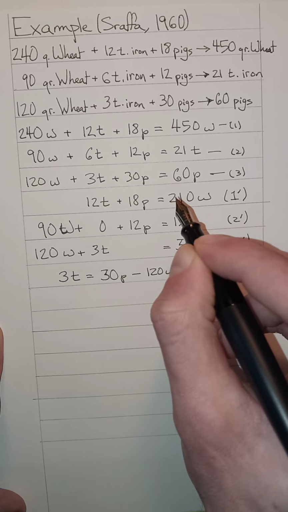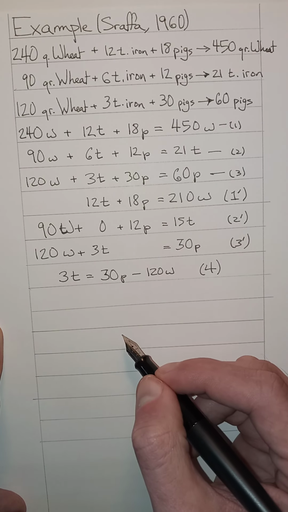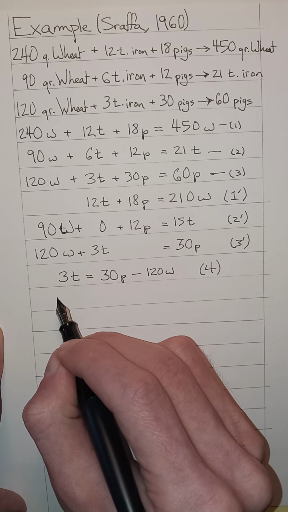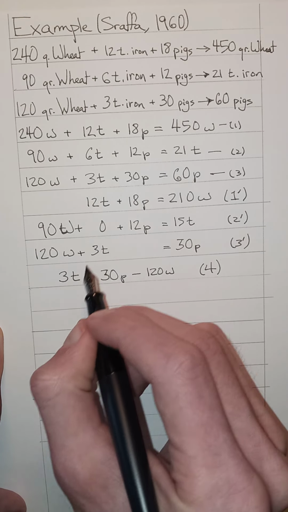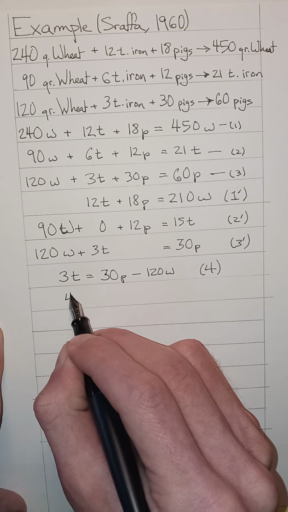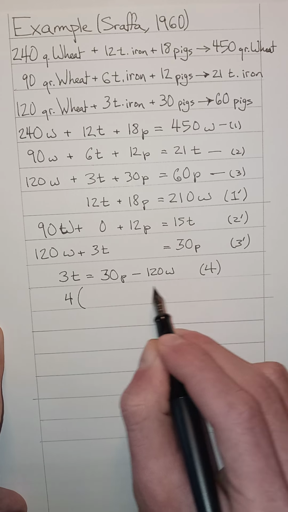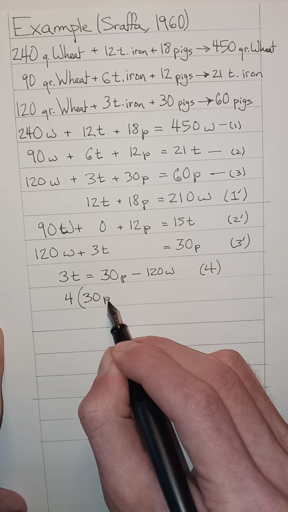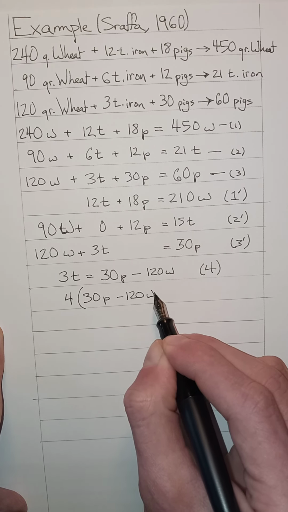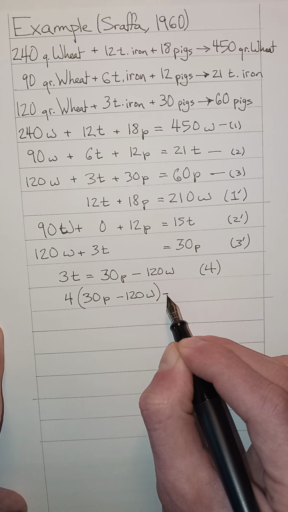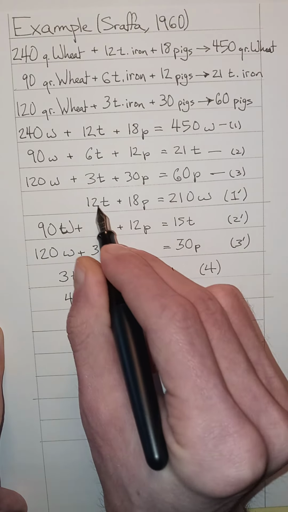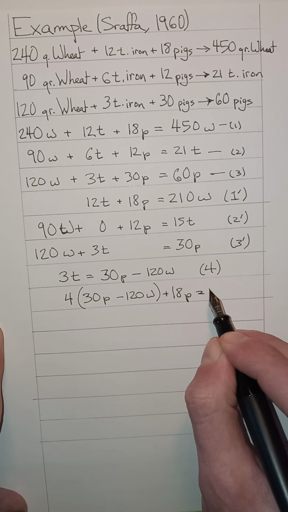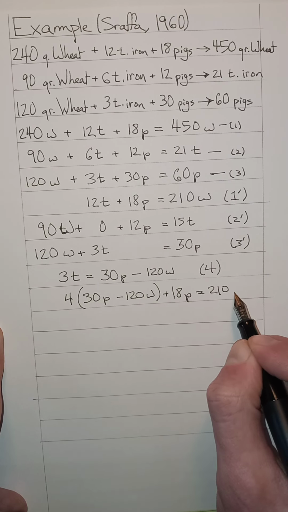And then we could use that in the wheat growers' sector. So then 12 is 4 times 3. So then 4 times the value of 3 tons of iron, plus, so that would be the 12 tons, the 18 pigs is equal to 210 quarters of wheat.